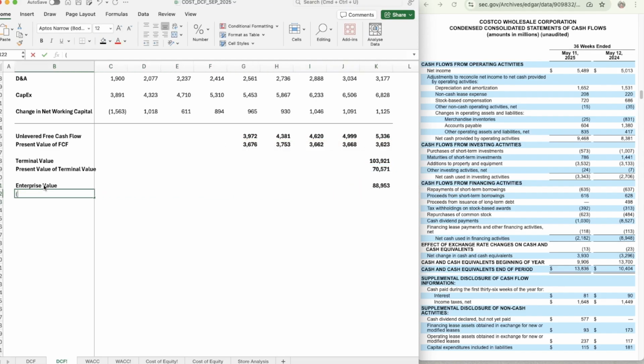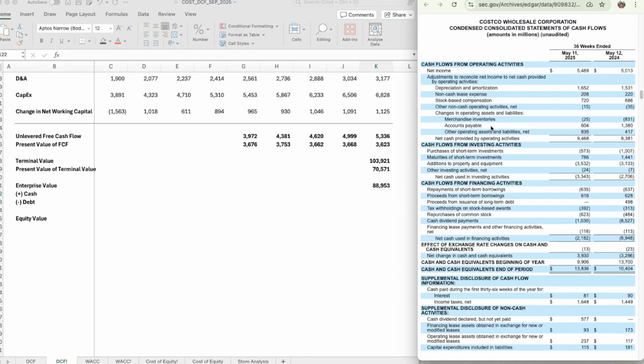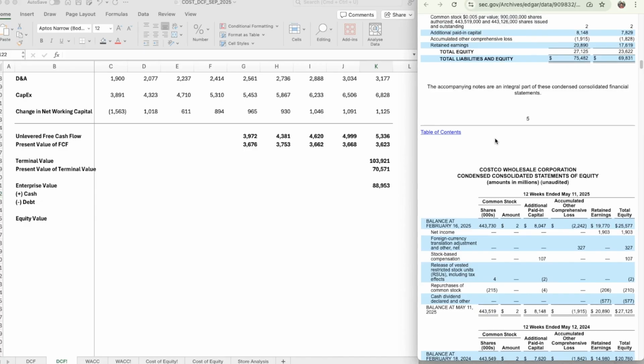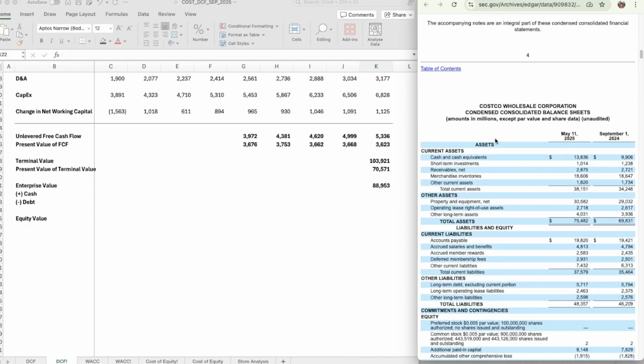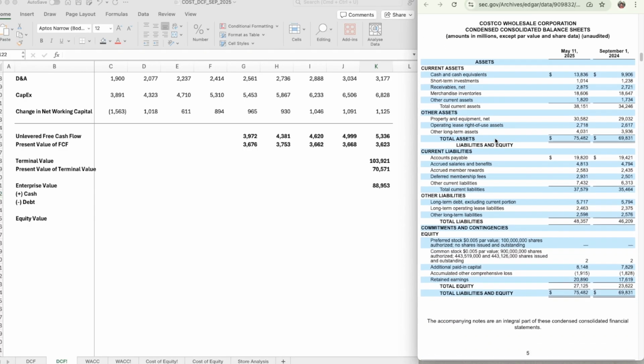And what we want to do is add cash and subtract debt, and that will give us what we call the equity value. For the cash for Costco, we need to go to the balance sheet, which usually goes income statement, balance sheet, and then cash flow statement.